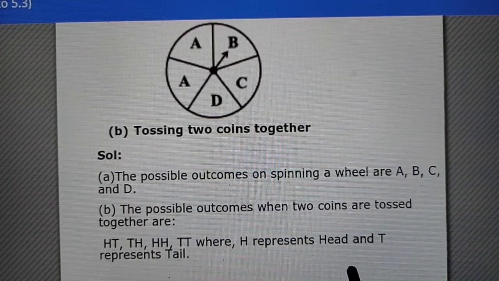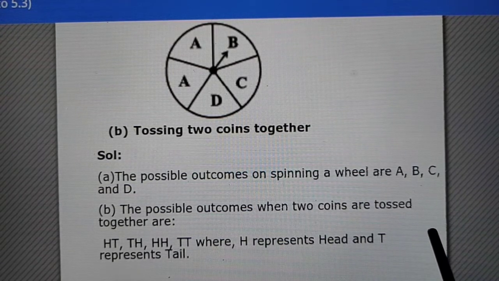When we toss two coins together, these are the possible outcomes: head on one coin and tail on the other coin, or tail on the first coin and head on the second coin, or head on both coins, or tail on both coins.